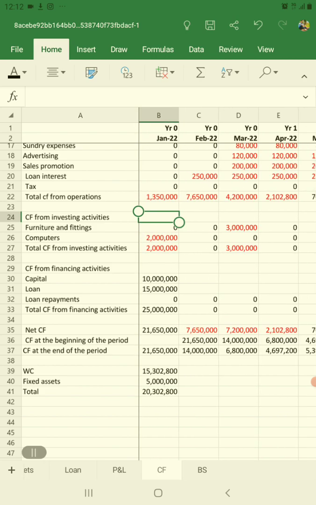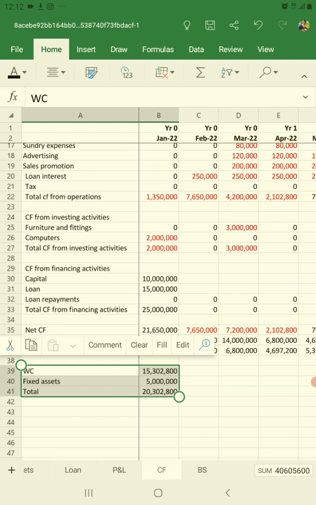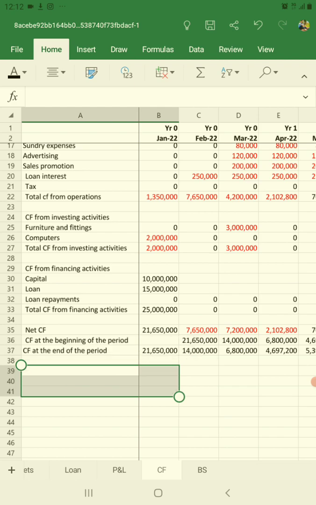This part for now we do not need, because we used it to explain about the working capital and fixed asset component of the capital that we had to inject into this business for the purpose of operating it normally.